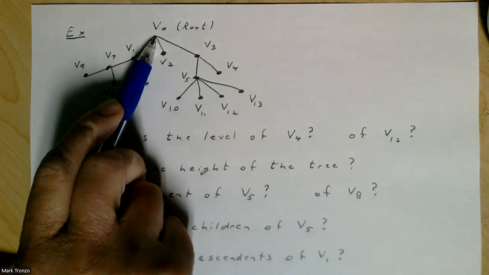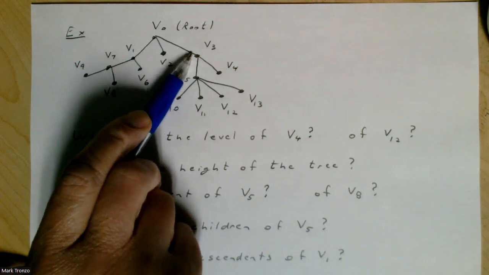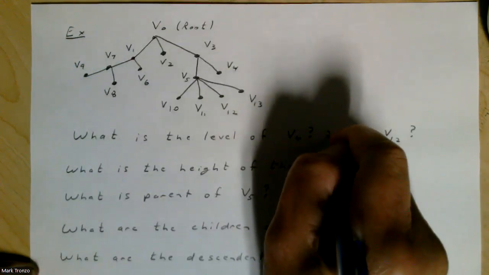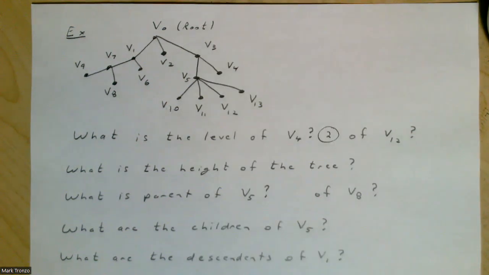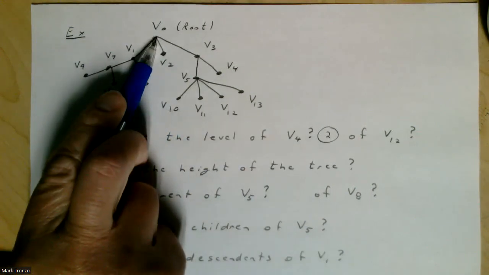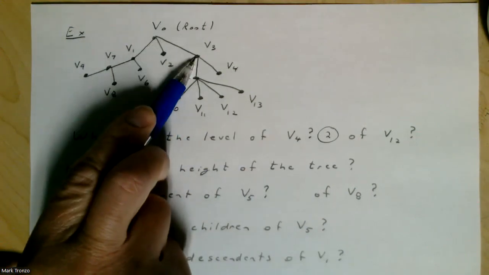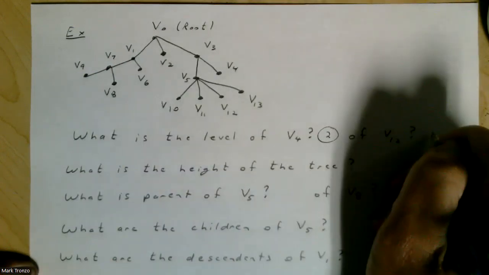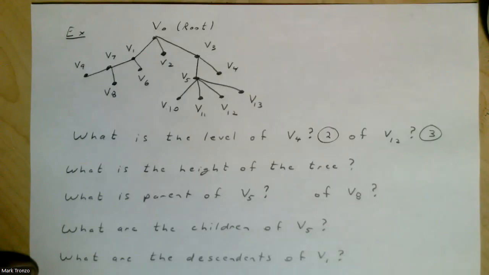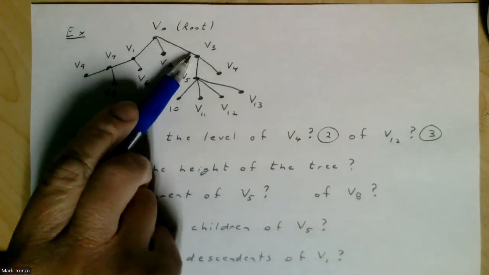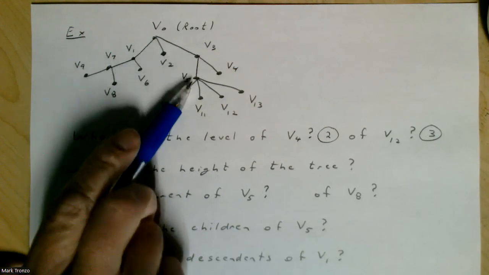Starting at the root V0, you go through one edge, two edges. So 2 is the level of V4. The level of V12: start at the root, go one edge, two edges, three edges. So the level of V12 is 3.